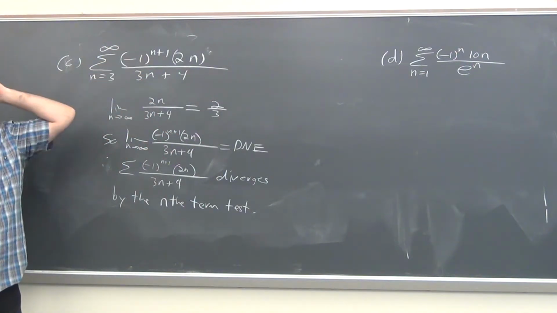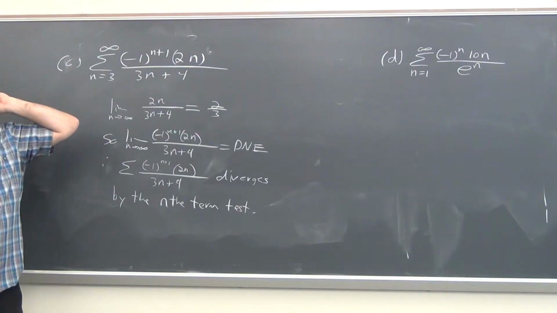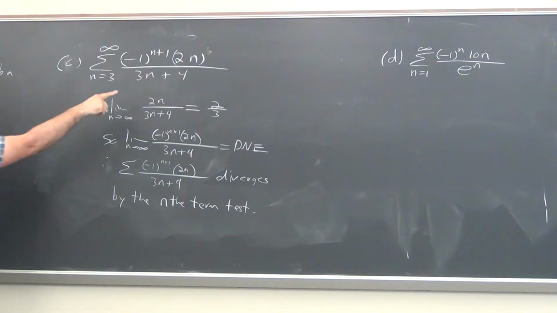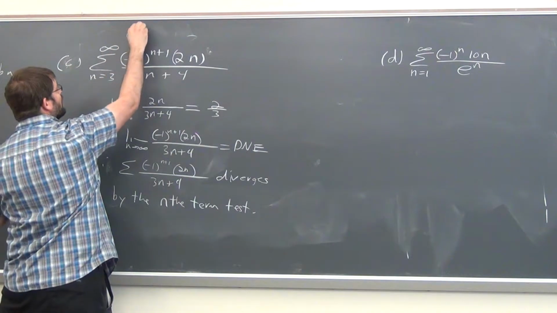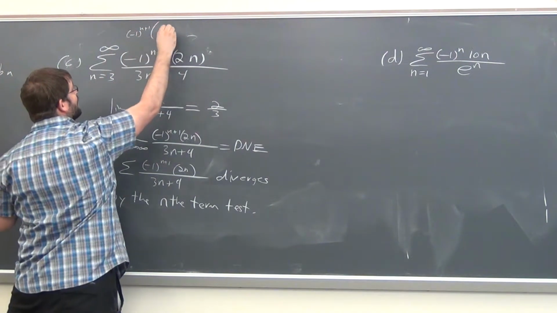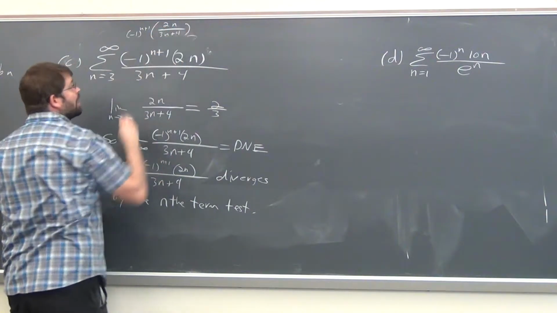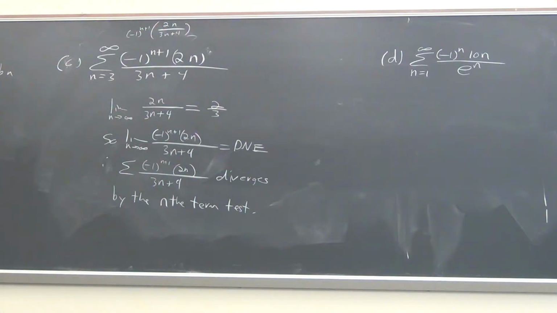Remember, it's -1 to the n times something. That's what the a sub n looks like, right? So you should think of this as -1 to the n plus 1 times whatever's left over, so the 2n has to stay around. Does that make sense? Yeah, everything else besides that -1 should be part of your Bn.